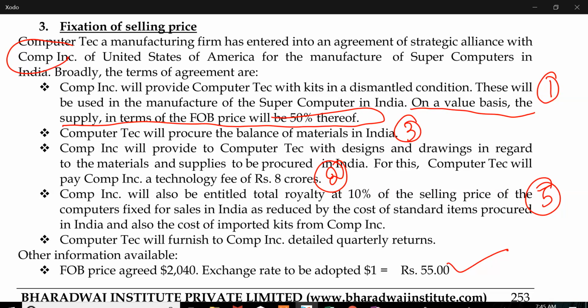What is the FOB price I have to pay? $2,040. 55 rupees is the exchange rate, so I'll have to convert into INR. But read it carefully. Am I going to pay the entire FOB price? On a value basis, the supply in terms of the FOB price will be 50% thereof. So though the price is 2040, I'll pay only $1,020. That has been agreed with my supplier.